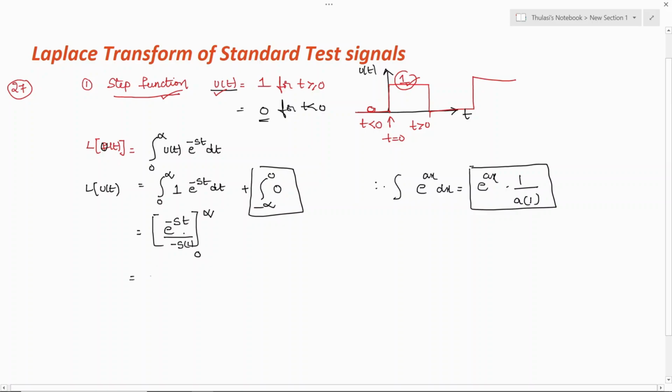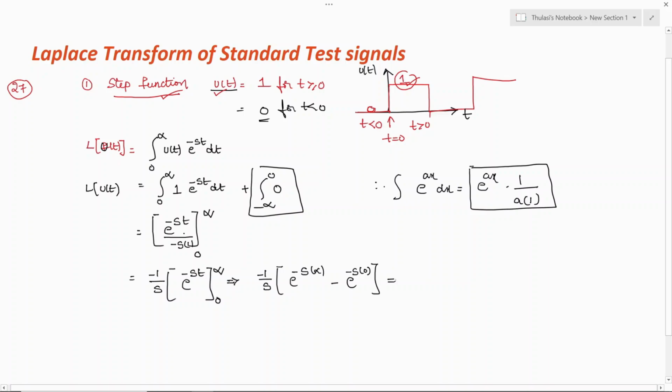Okay, so now I am taking minus 1 by s common, then I am going to get e to the power minus st with the limits from 0 to infinity. So I can write this as minus 1 by s into, substituting t as infinity and 0, e to the power minus s into infinity minus e to the power minus s into 0.